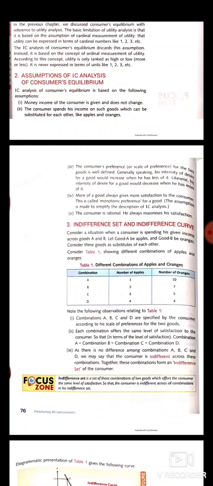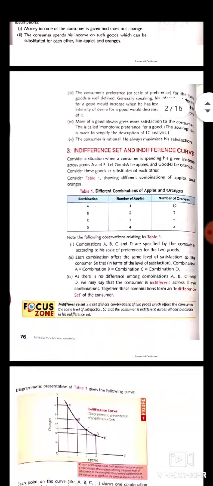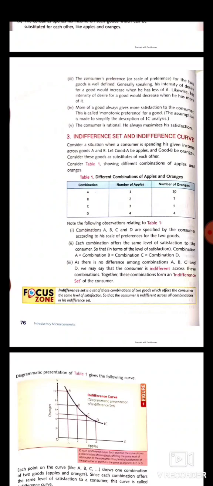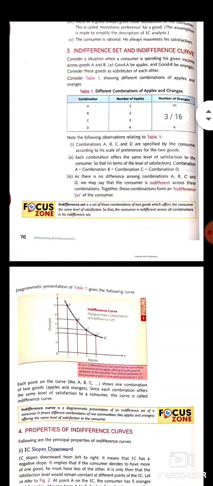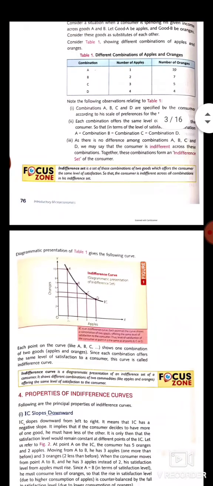And indifference curve is the locus of various points showing different combinations of two commodities providing equal utility to the consumer. Means when the various combinations in the indifference set are plotted on graph paper, it will be called an indifference curve. So when we present all the combinations of table 1 on graph paper, then a curve will be formed and that curve will be termed an indifference curve.